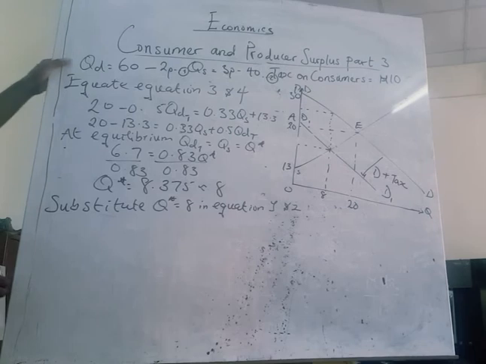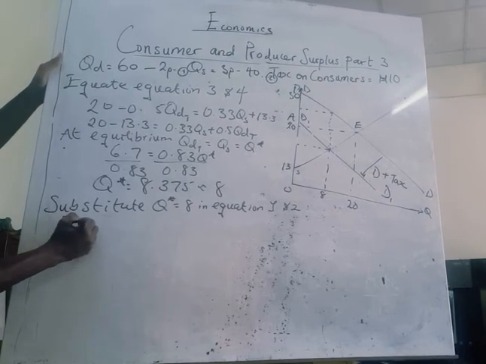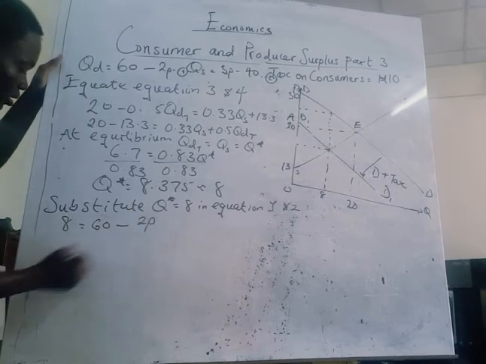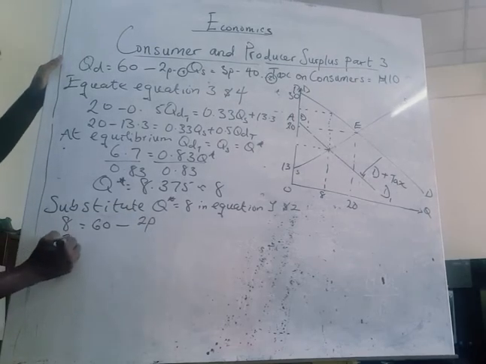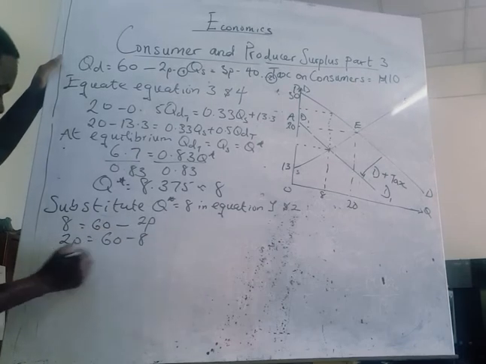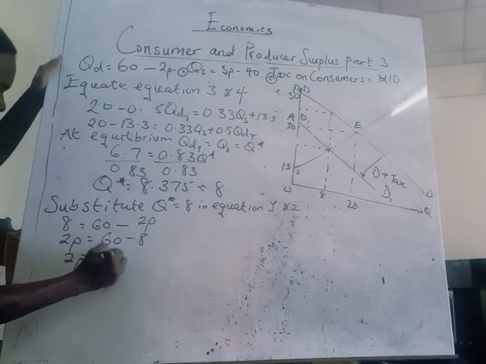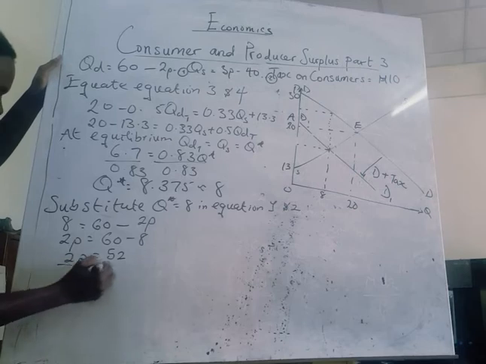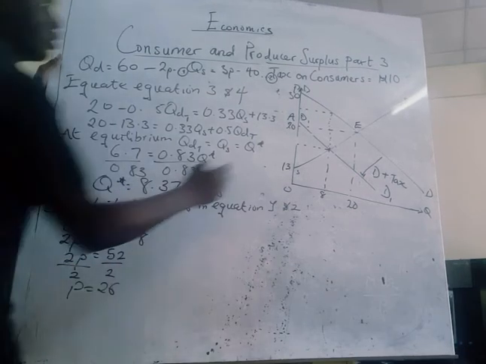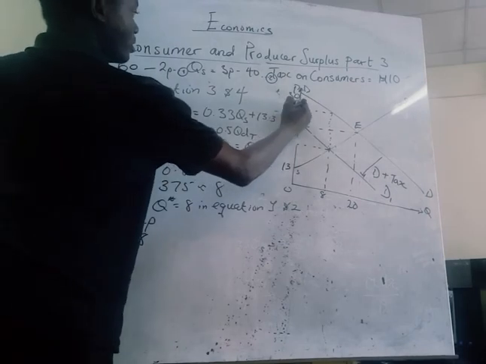For equation 1, we now have 8 equals 60 minus 2p. So 2p equals 60 minus 8, which is 52. We divide through by 2, and p equals 26. This is the new price.